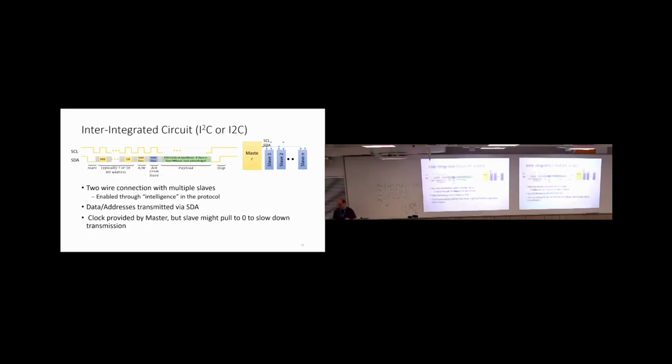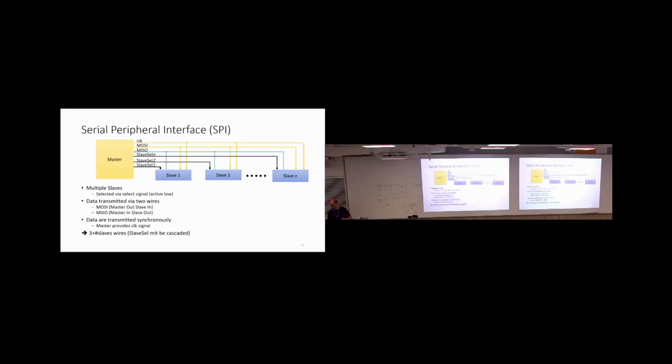I2C is also used, but rather in specific cases. For instance, if you have a lot of systems you want to connect to, then you need a lot of control signals. And then I2C becomes much better because you need less wiring.